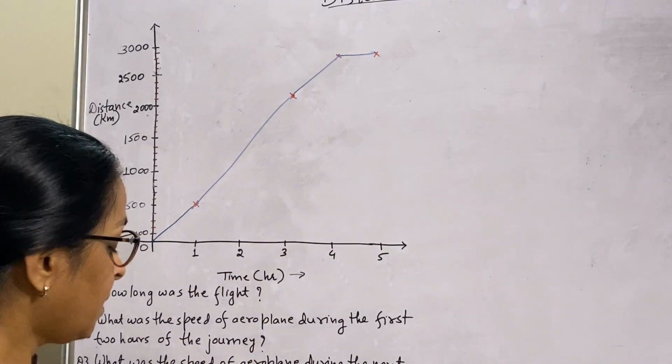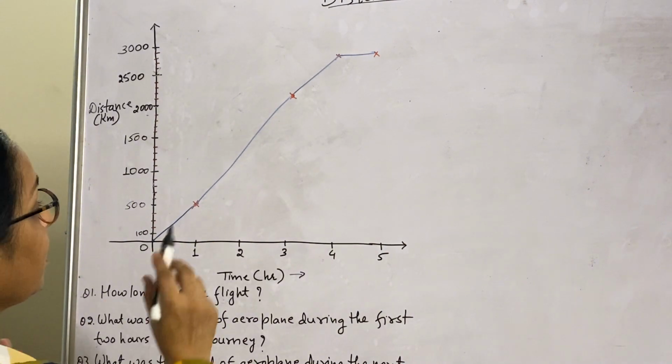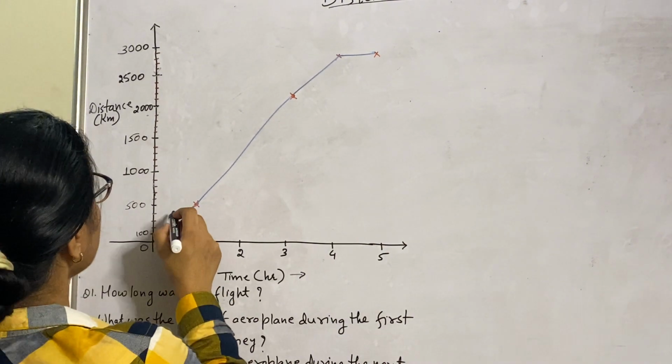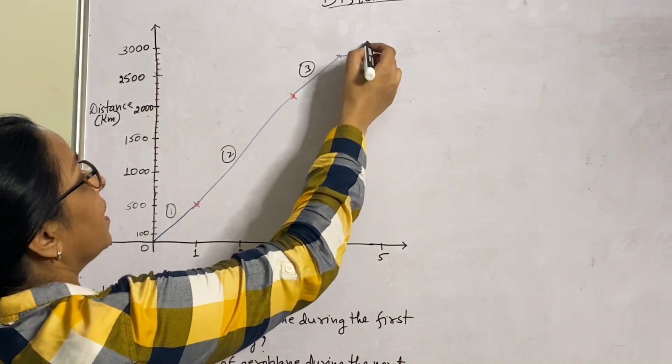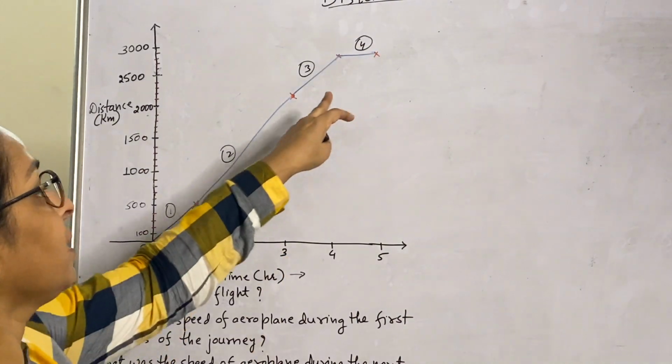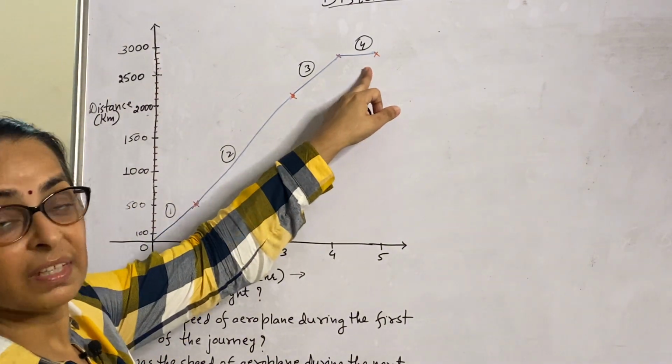Now you see there are 4 sections of the graph.